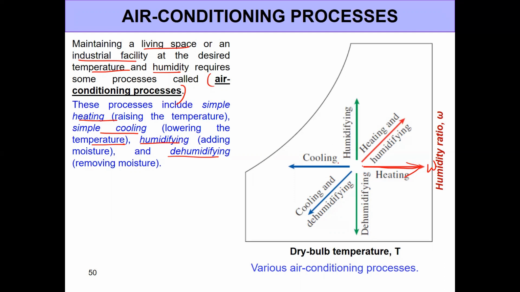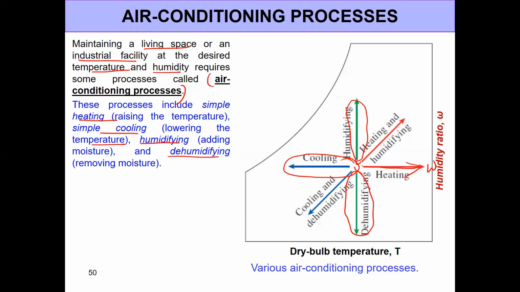If you are just cooling, meaning simple cooling without playing with the humidity, it's a straight horizontal line to the left. Same way, if you are just humidifying, it's the green line to the top as shown here. And if you're dehumidifying while maintaining the same dry bulb temperature, it's just a line to the bottom. Only the humidity ratio changes, nothing else. So these are the four basic processes.